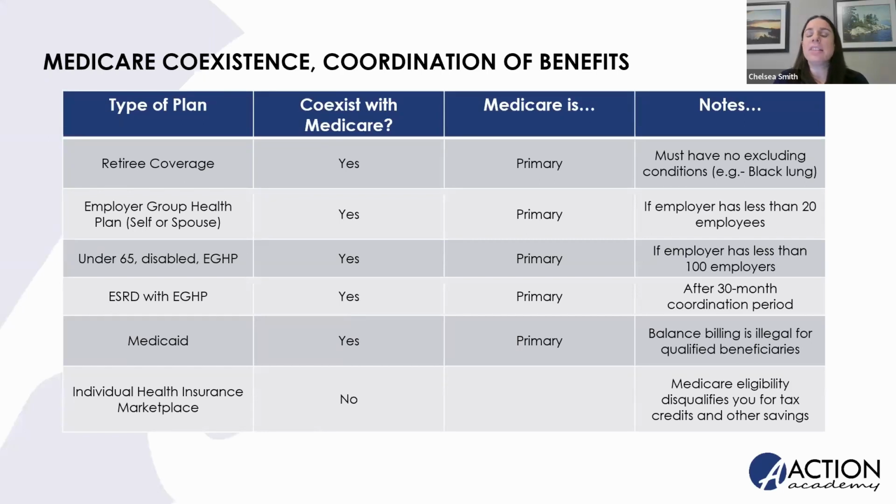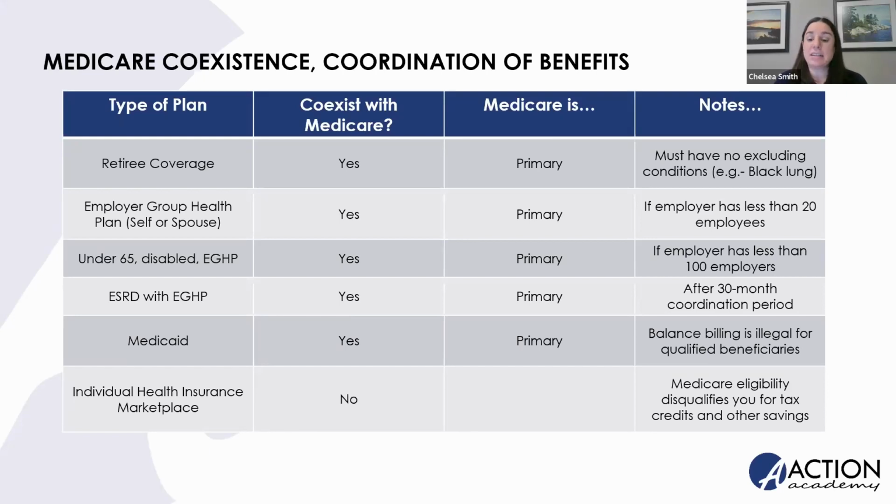But I will say that the most important thing to remember in this chart is that if an employer group health plan has more than 20 employees, then Medicare is a secondary payer. The same is true for a person who's under 65 and disabled, but still enrolled in employer group health plans, right?